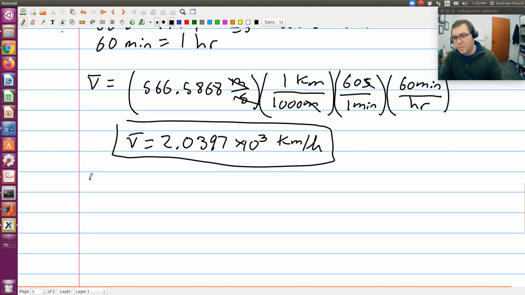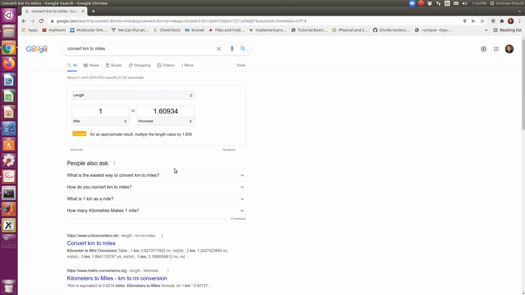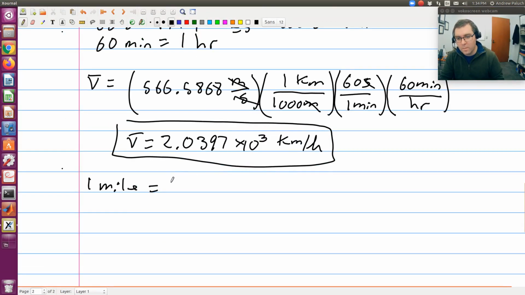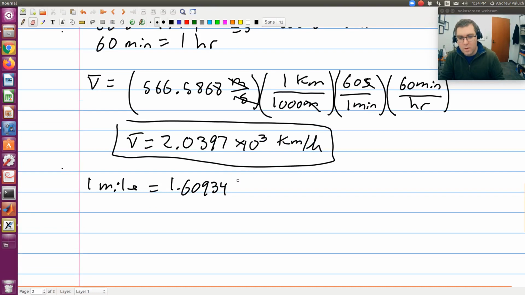So we have that 1 mile is equal to 1.60934 kilometers.